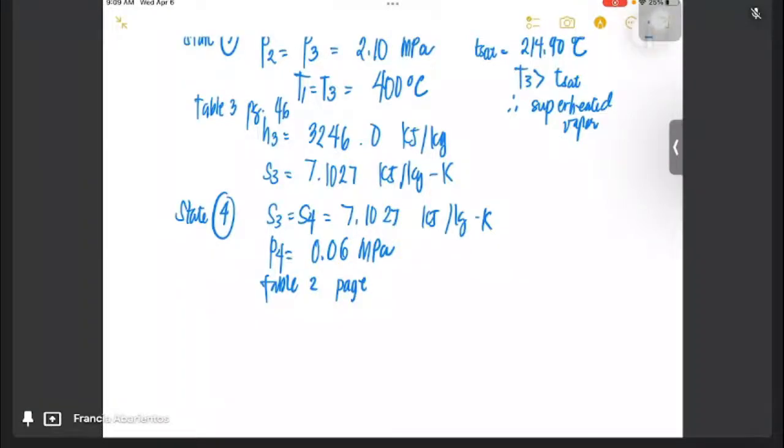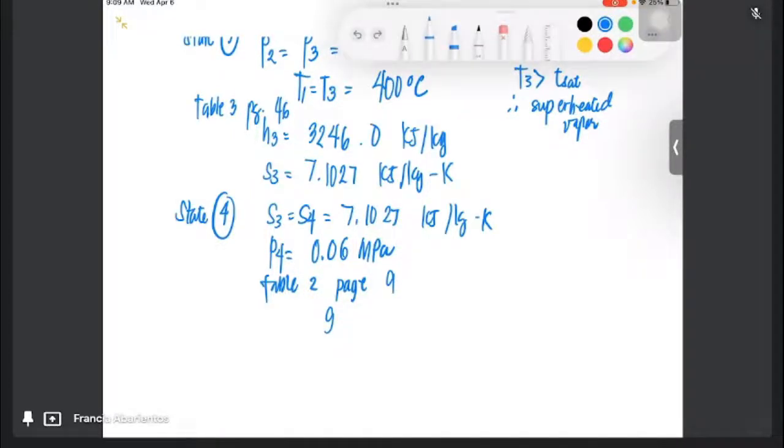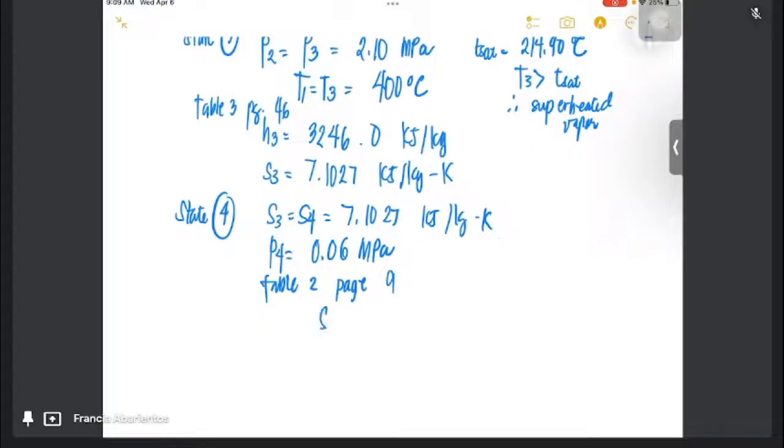Ayan. Nasaan na? Duduling na si ma'am. Ayan, page 9. So, it falls under the, we have now the SG, or the entropy at that point at pressure 4 is equal to 0.06. We have 7.5320.